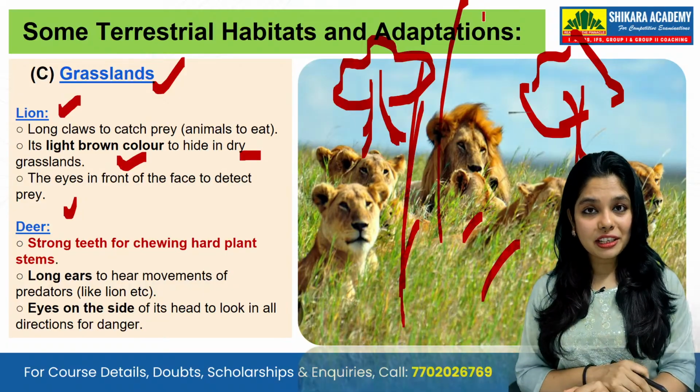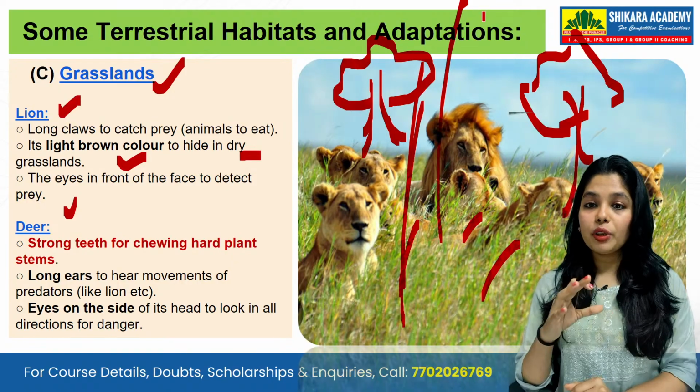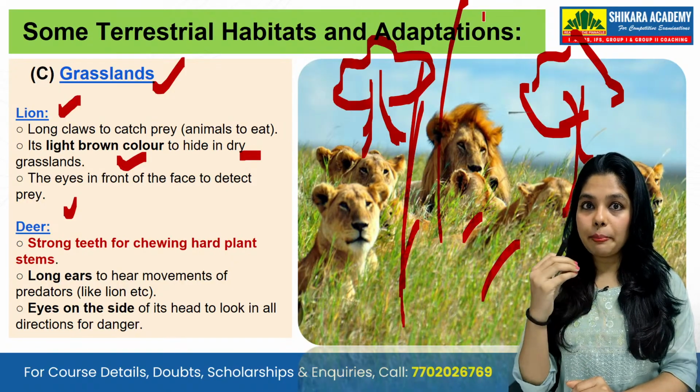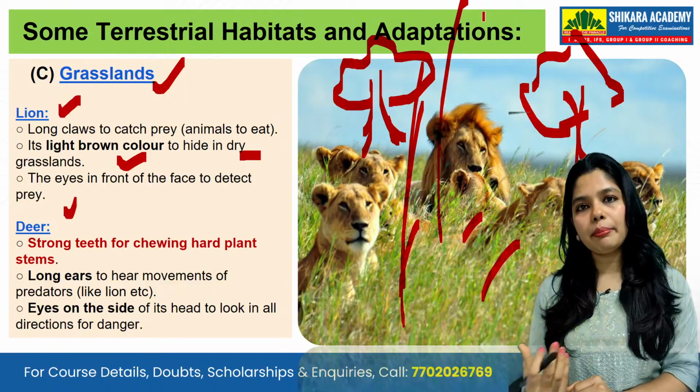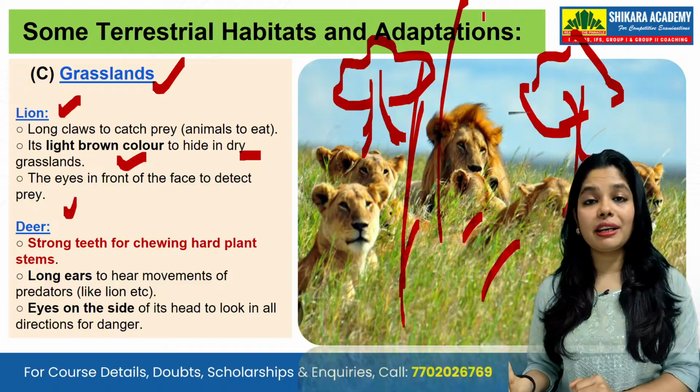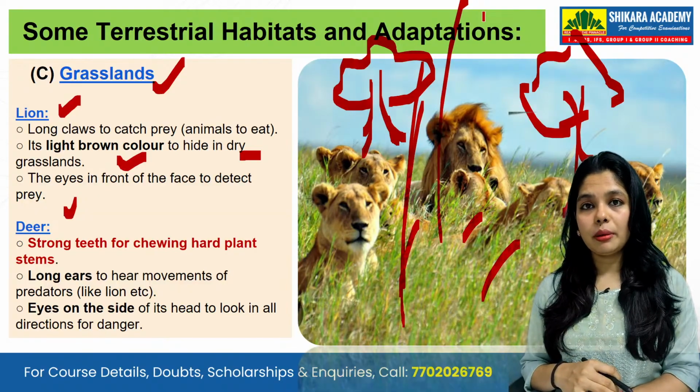You might have seen on the National Geographic channel how these animals are preying on their prey. That is your deer, that is your rabbit, all these animals, sometimes even elephant, rhinoceros. They are preying on that.